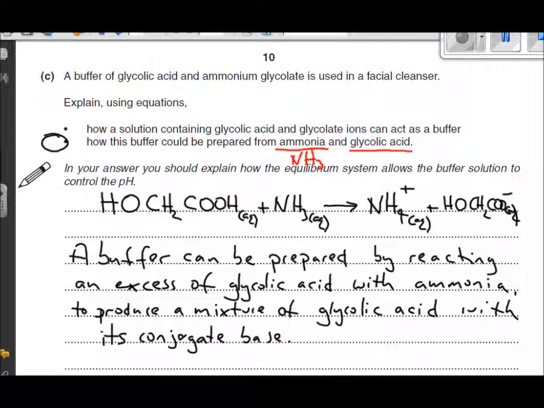So by adding a base to a weak acid and providing the acid is in excess, we can generate a mixture that will act as a buffer.